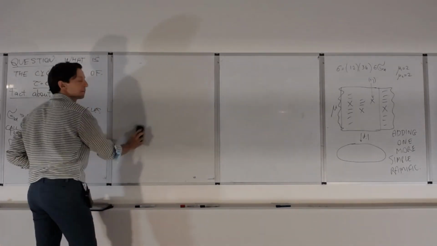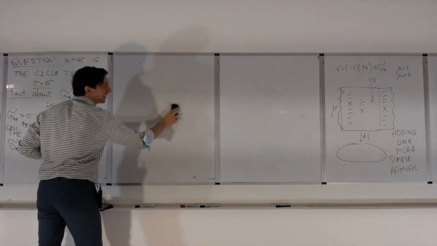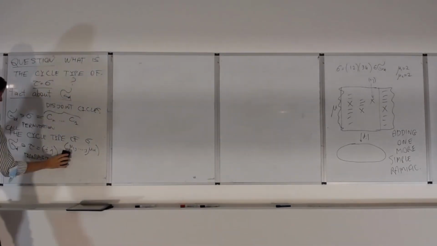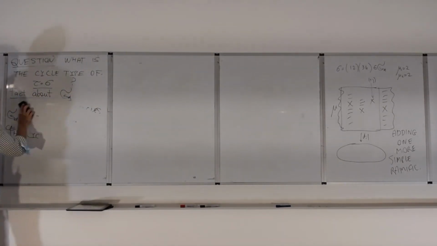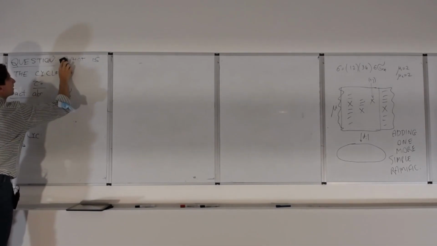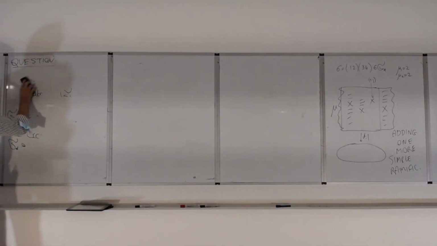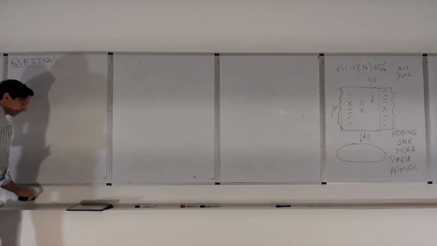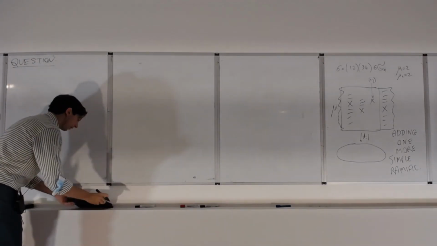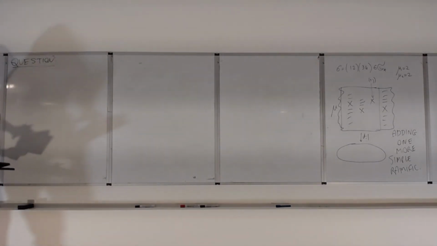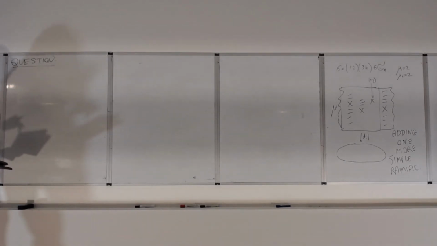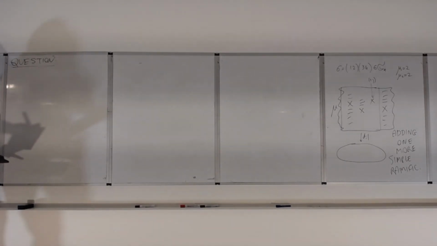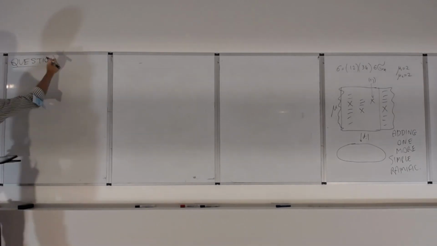Yeah, what about the genus? So now let me write the result. This is the cut and join equation.